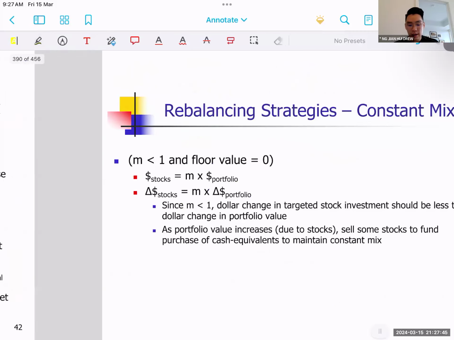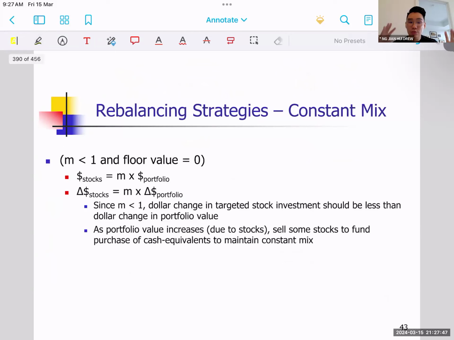I think we are good. So having understood the constant mix strategy, we now know that when the portfolio is going up, we keep on having to sell to maintain the constant mix. Which means what?